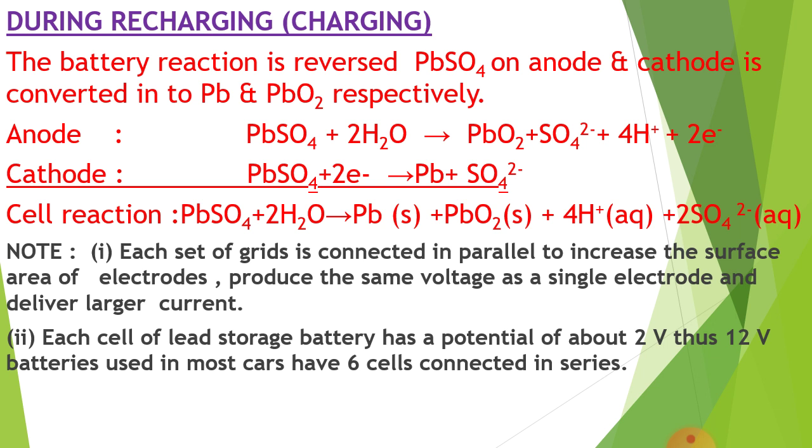In parallel, voltages are the same. Second, each cell of the lead storage battery has a potential of about 2 volt. Thus a 12 volt battery used in most cars has 6 cells connected in series.